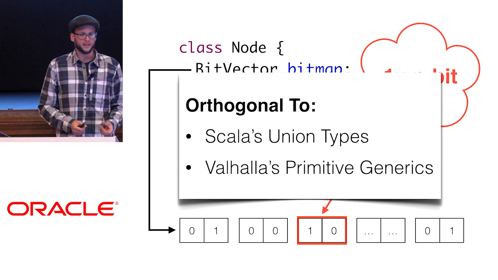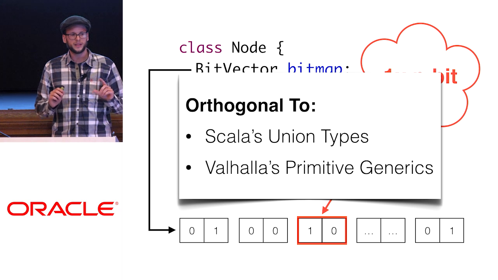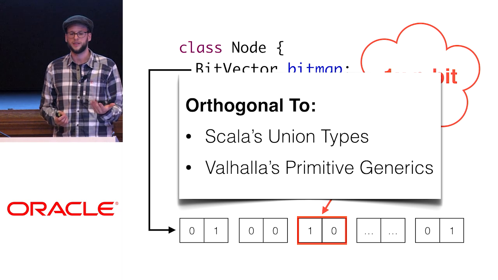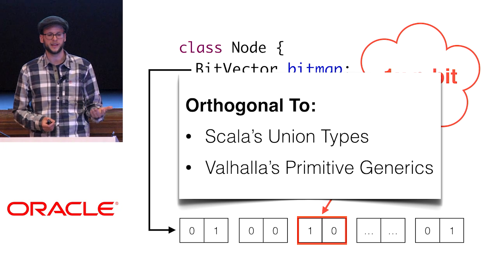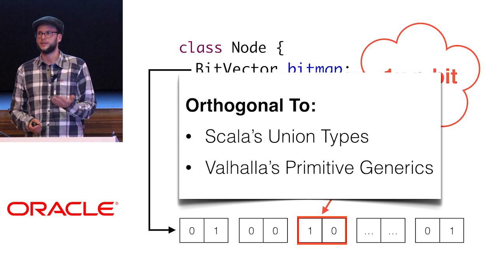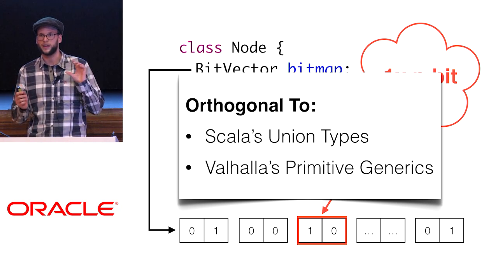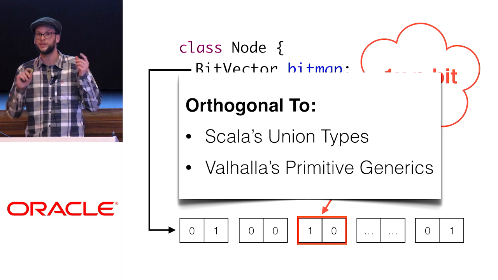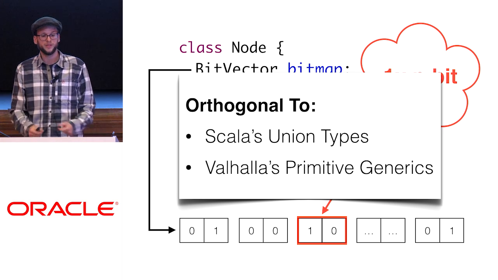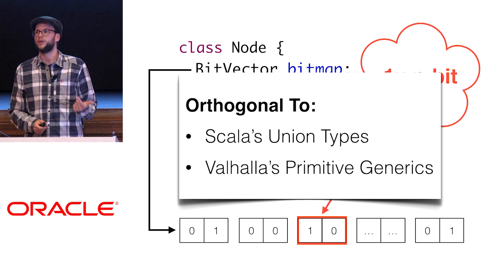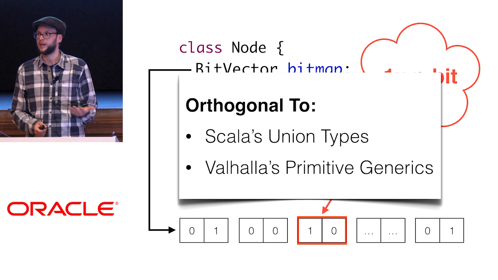I would like to say that the encoding I presented you is orthogonal to different approaches. One of them is union types in Scala, which approaches that sort of heterogeneity on the type level, so that you can at least express it. But it's also orthogonal to primitive generics that are coming up in Valhalla.